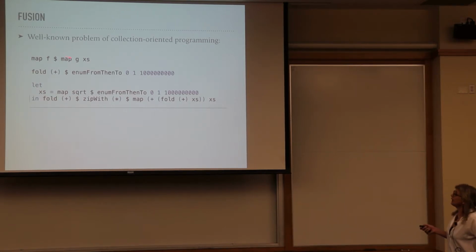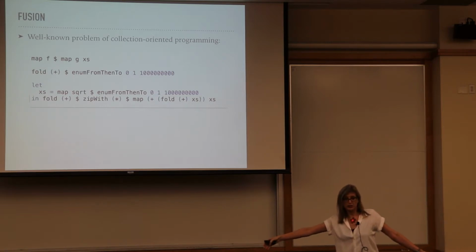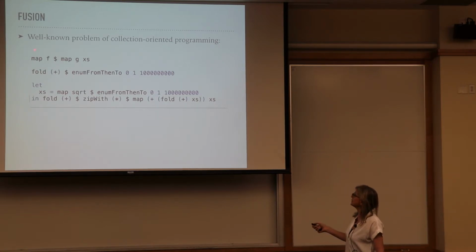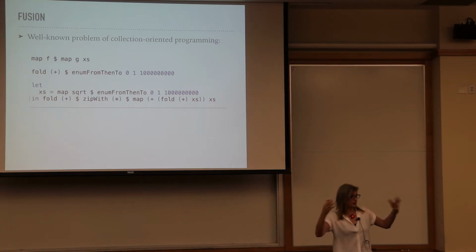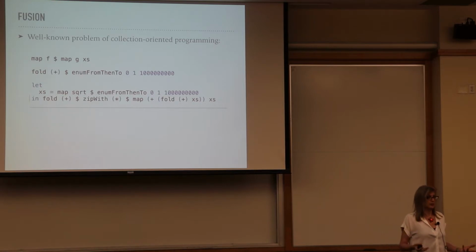If you express a computation like here, where we first map G over XS and then map F, especially in a strict language where we create the whole intermediate data structure, this basically means we have two traversals, and you also need a lot more memory.